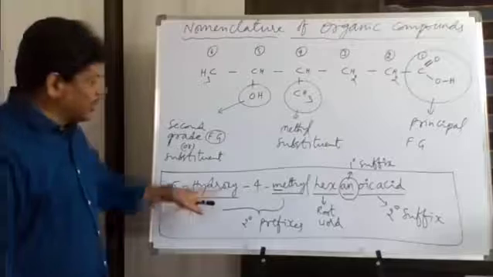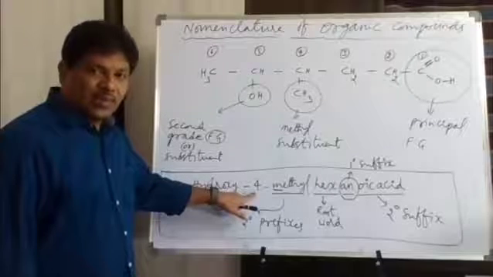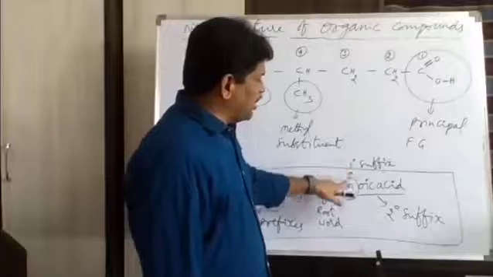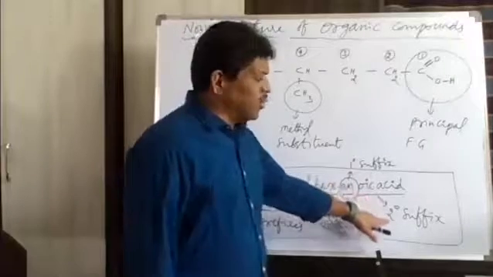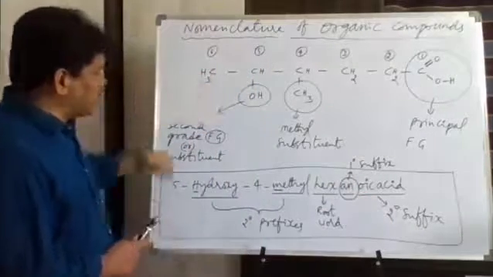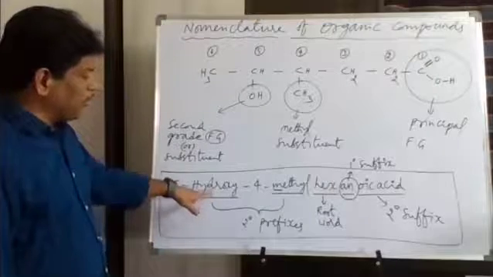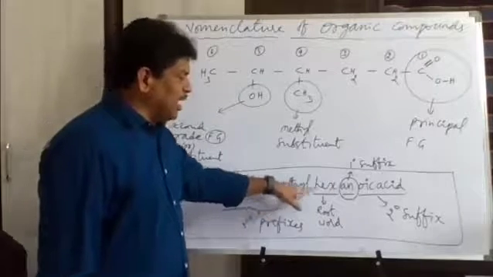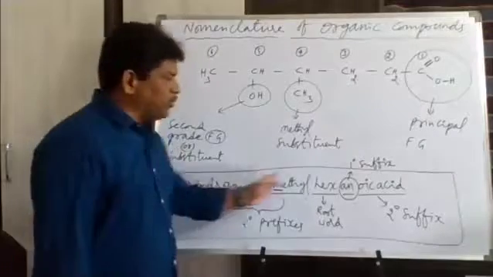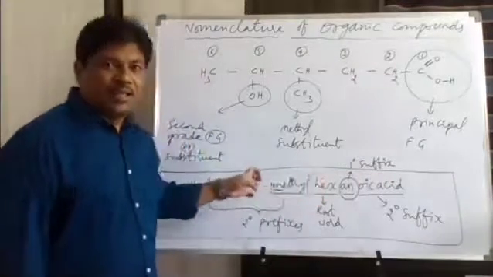And this 4 also is a number prefix. Next here, an is what? Primary suffix. Oic acid is what? Secondary suffix. So the total name of this given structure is what? 5 hydroxy, 4 methyl, hexane oic acid.